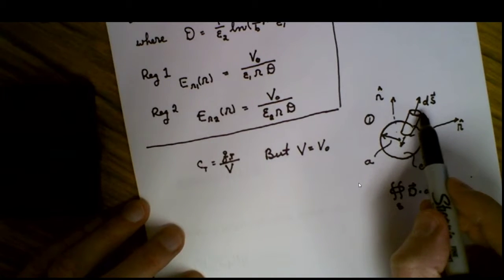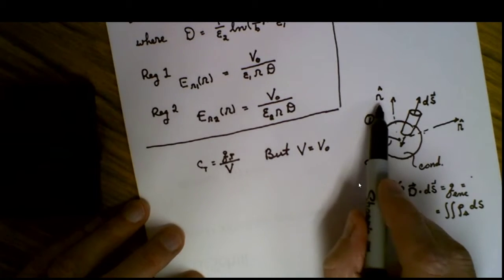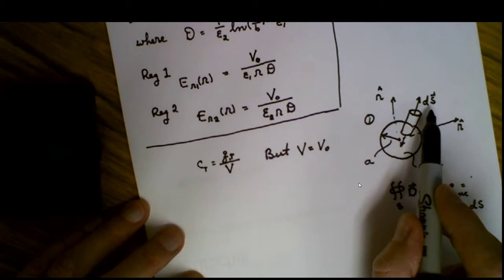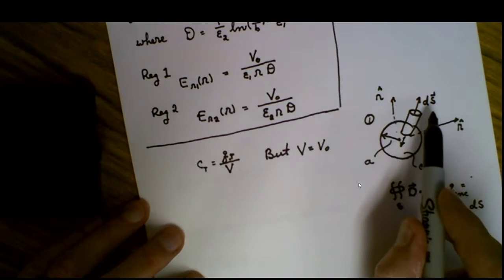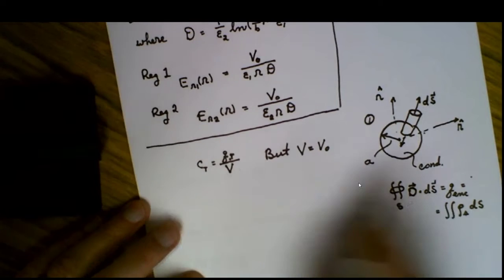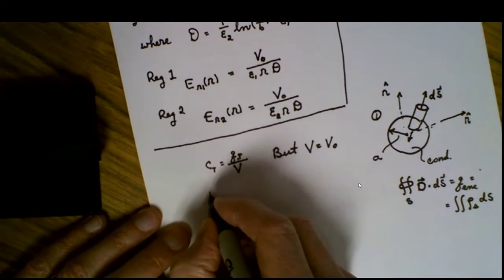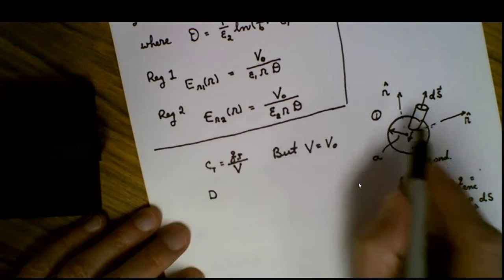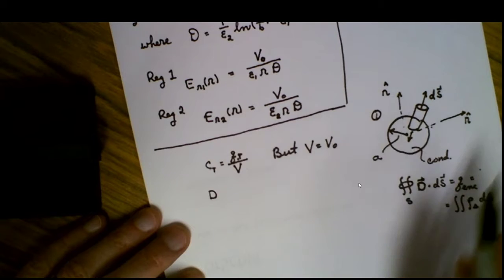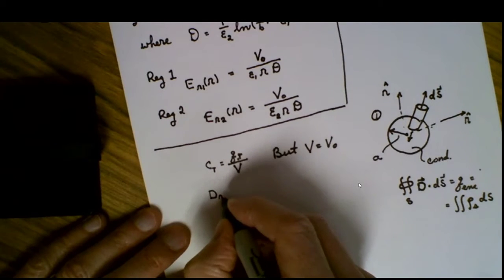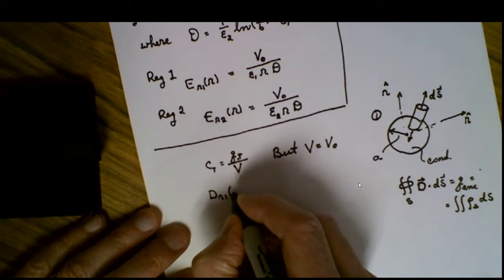In region number 1, we see that the direction that we said is positive is in the same direction as D sub S, and therefore its dot product is 1, and it's positive. Hence, we have the electric flux density in region number 1, and this is the normal component, and that normal component is in the radial direction, same direction as ds is, function of radius.